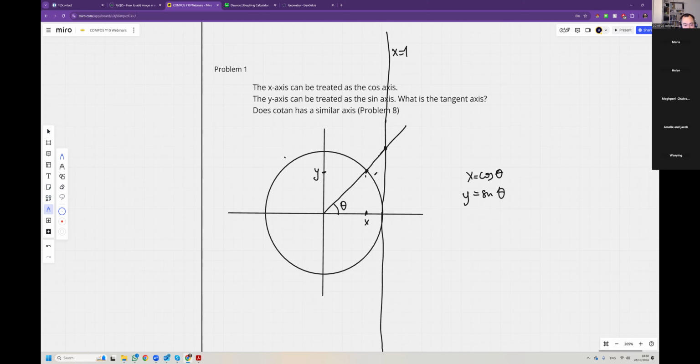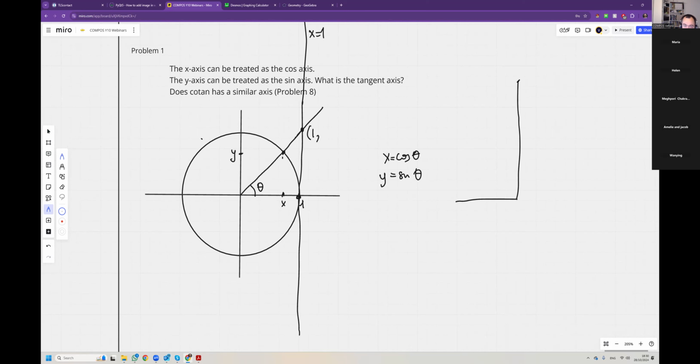Obviously, the x coordinate is 1. But let's see what the y coordinate is. So if this is 1 and this is y, and this angle is theta, then tan theta is equal to y over 1. That means y is tan theta.